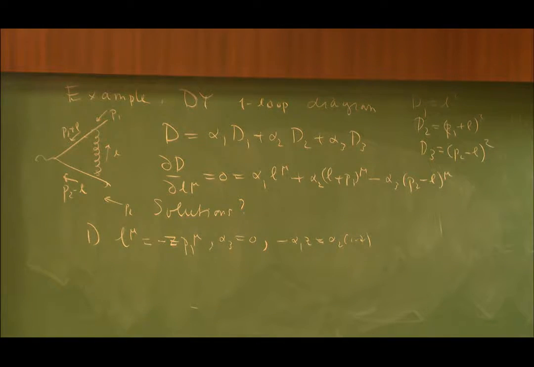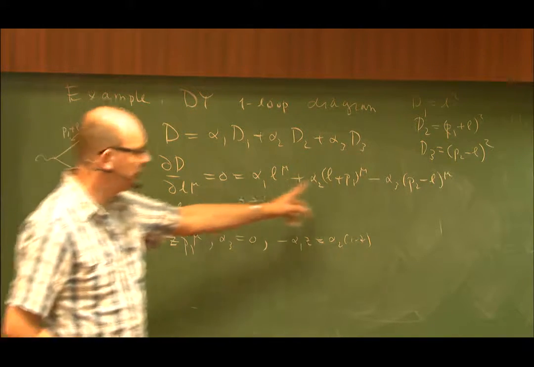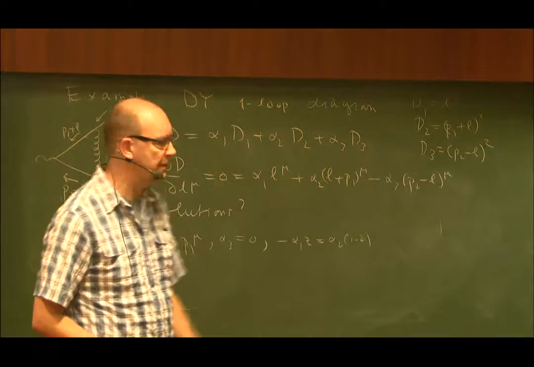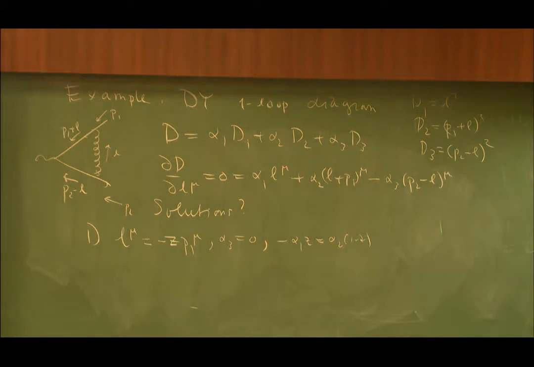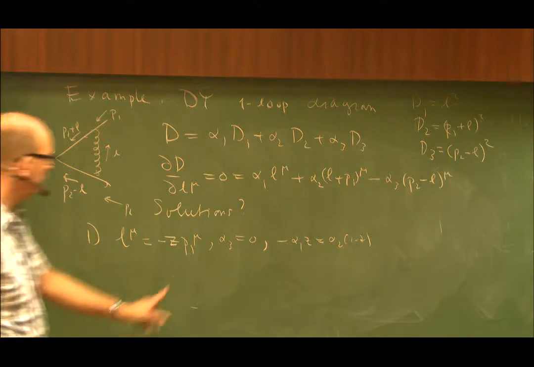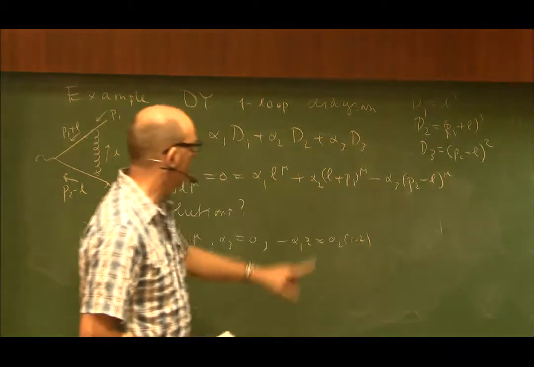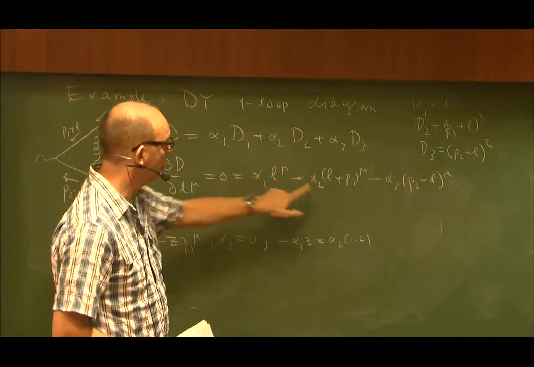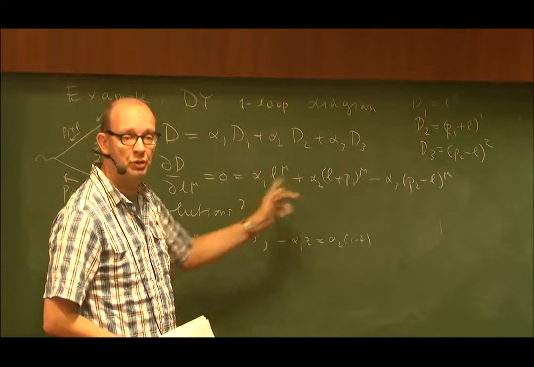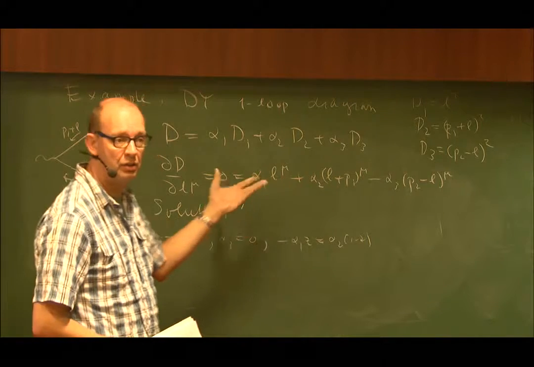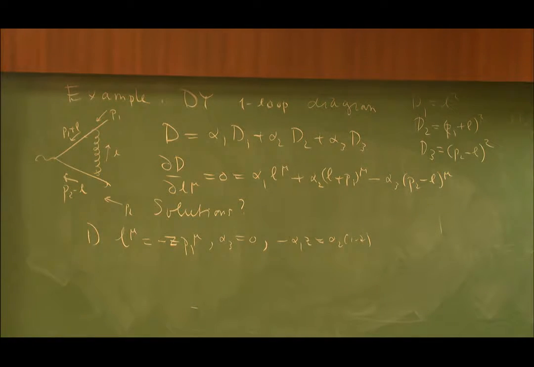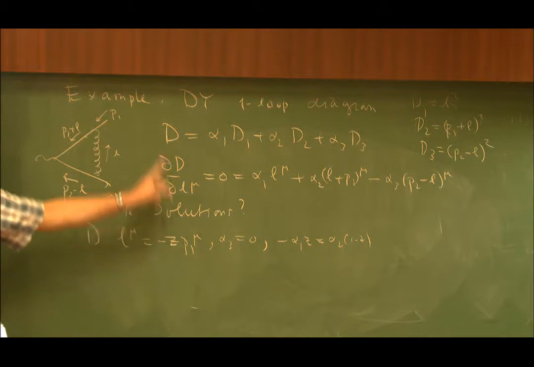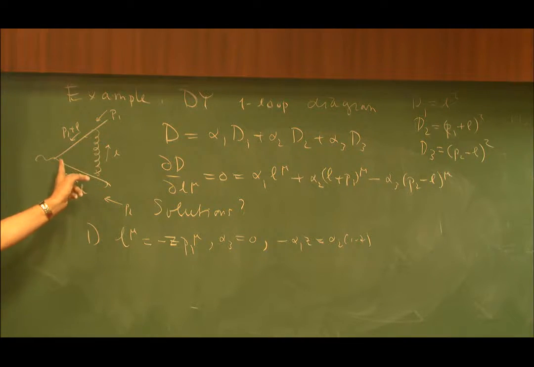I think if you solve this, you'll find that this is exactly 0. I hope I got the signs right. So this term is 0, and if I choose L to be proportional to P1, then it's just a matter of adjusting the two alphas to get it to be 0. So note here that the solution corresponds to the loop momentum being perfectly collinear to the incoming momentum.